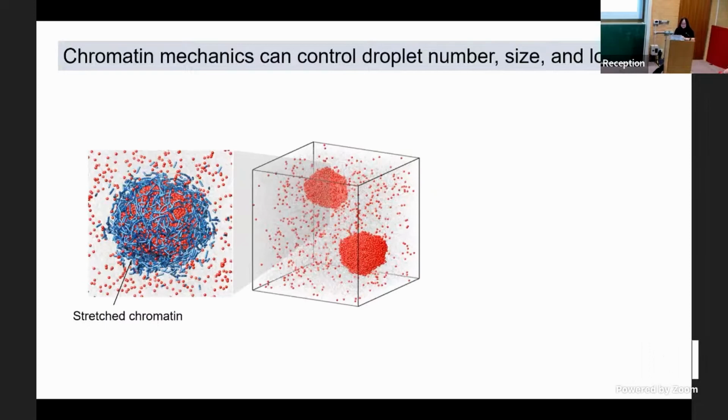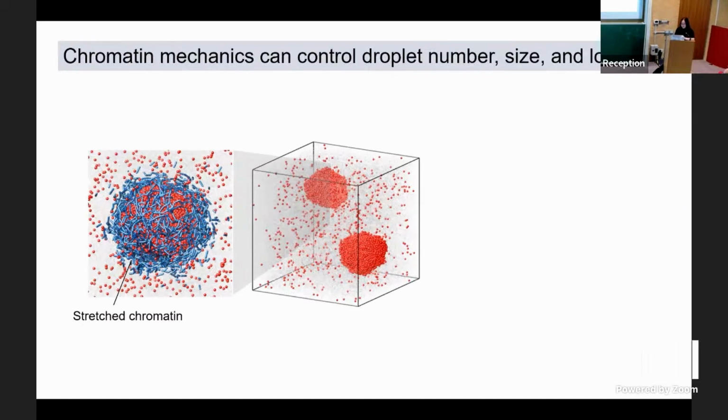Yeah, so first we see that there is stretched chromatin around this droplet, and we could really just find it in the simulation, because in the simulation everything is clear. You can track down all the bond lengths between the chromatins, and you could see that they are stretched.